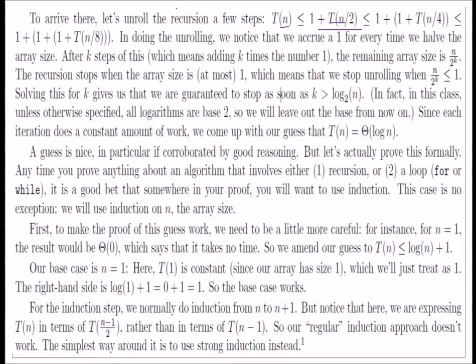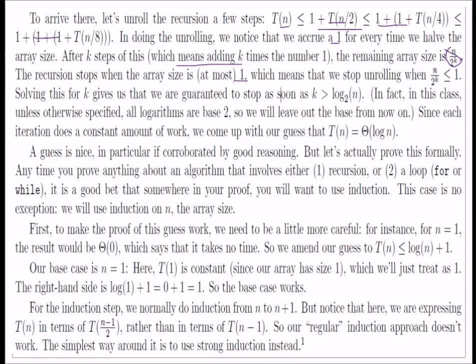While doing this unrolling, we should notice that we incur a 1 every time: 1 plus 1 plus 1 plus 1. We have the array size. So for k steps, which means adding k times the number 1, the remaining array size is n/2^k. And the recursion is going to stop when the array size is 1.